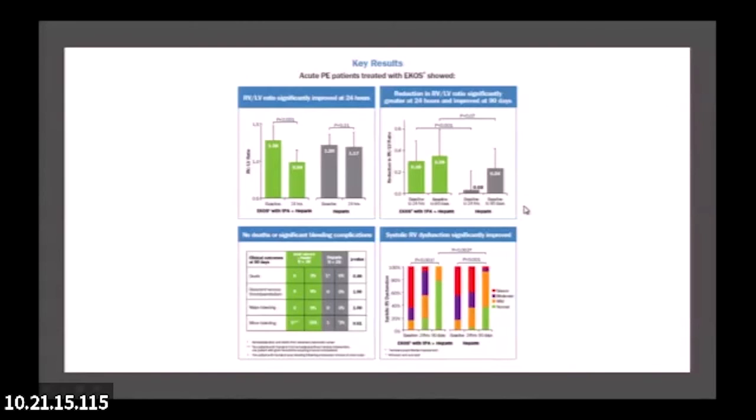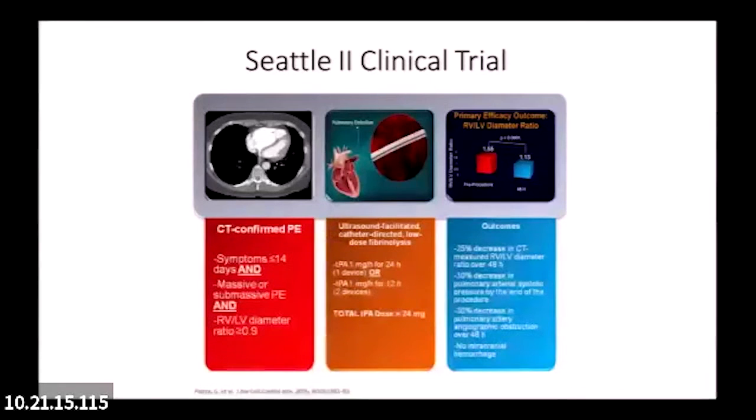In all of those, the ECOS group had significant improvement. Also in the ECOS group, there is no major bleeding, no intracranial bleeding, and no death. There is some minor bleeding, which is actually lower than the heparin group. The heparin group had one mortality actually.